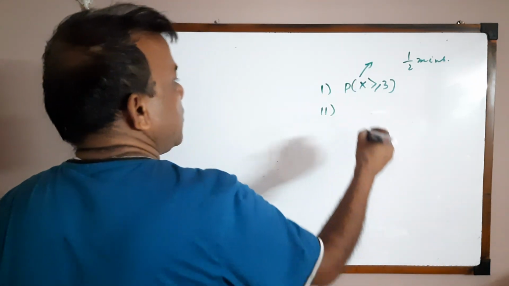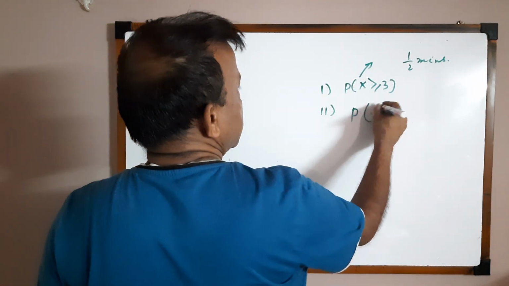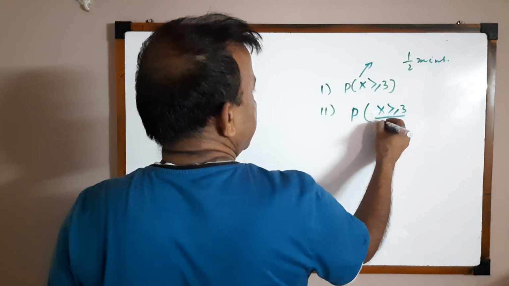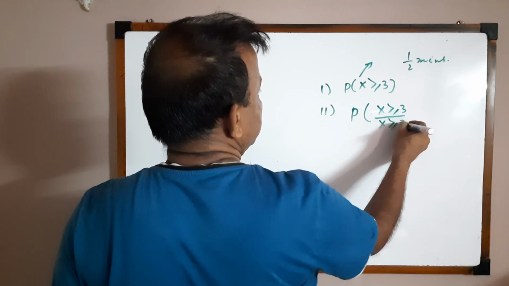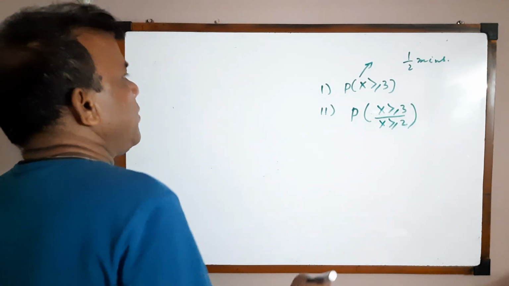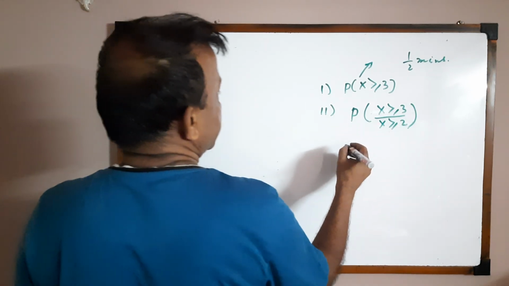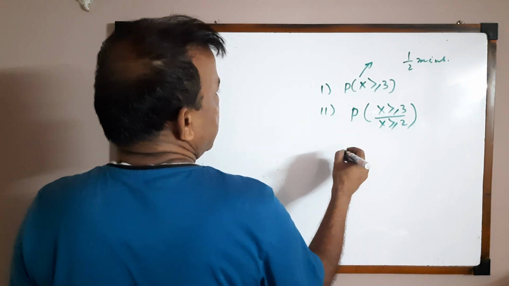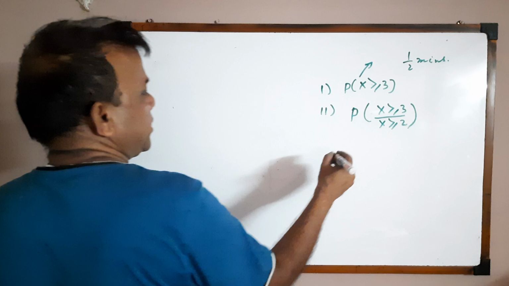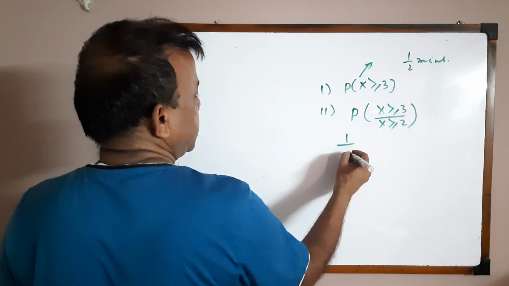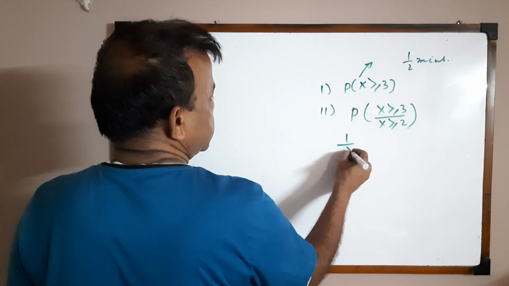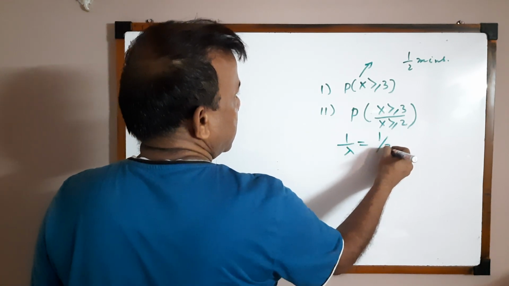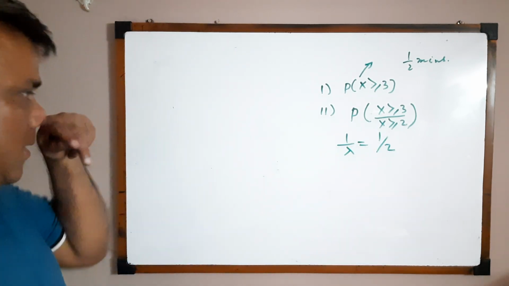That means a conditional probability, X greater than or equal to 3 divided by X greater than or equal to 2. We know that in an exponential distribution, if the parameter is lambda, then the mean of the exponential distribution is 1 by lambda, which is given half.